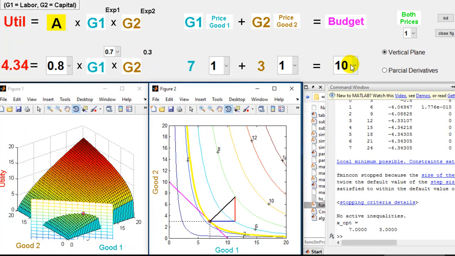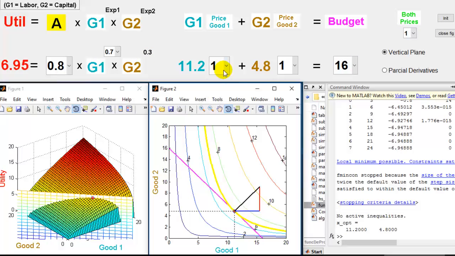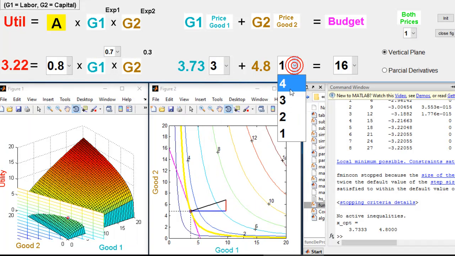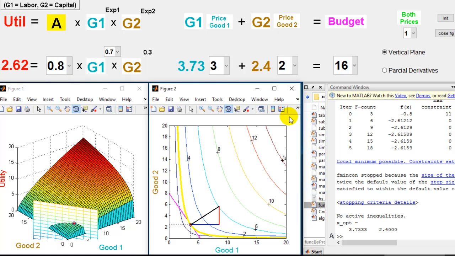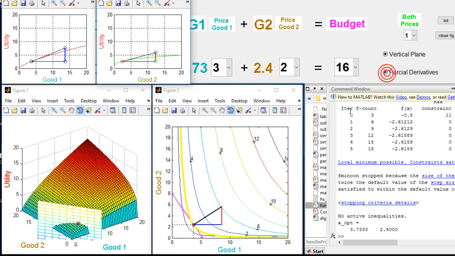If you increase the budget or if you change the prices, and we are going to see a brief interpretation of the gradient, which is expressed as the partial derivatives, this and this, that is going to be useful when in a future video we show the Lagrange method. Okay, but let's go step by step.